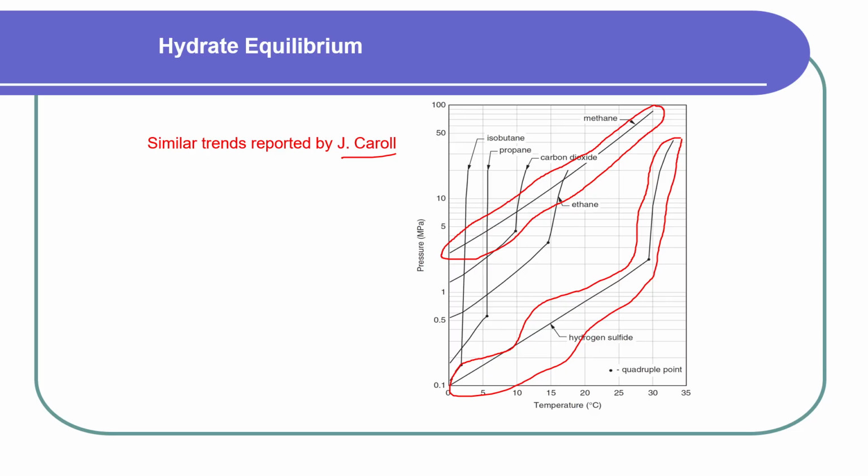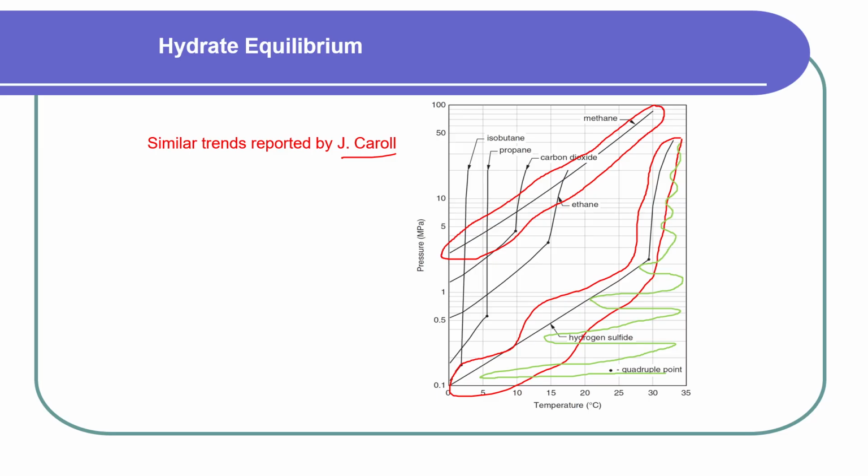So this is again an idea about what we call the hydrate formation curve, which specifies the regions, similar to what we have learned, where hydrate formation will take place or where it will not take place. For example, if we are referring to hydrogen sulfide, then if you are operating at any point in this region, we are safe to say that there is no hydrate formation.